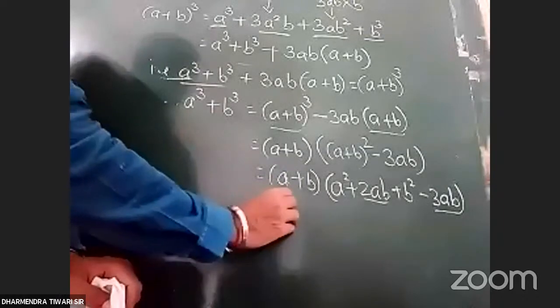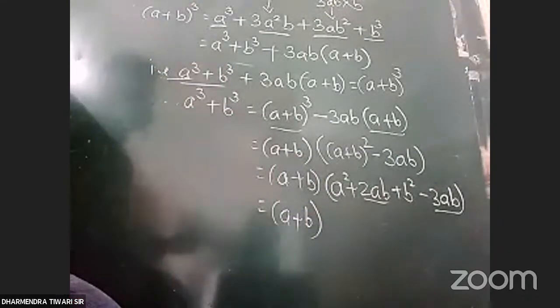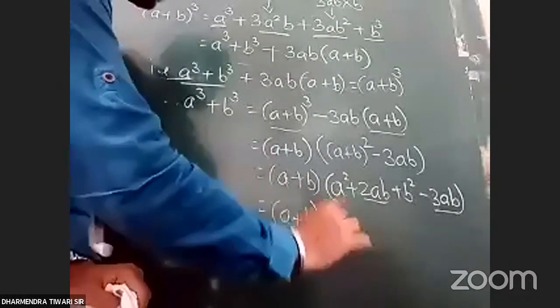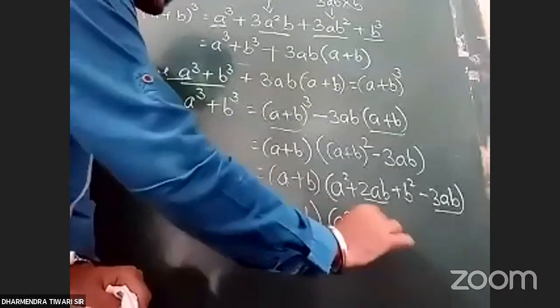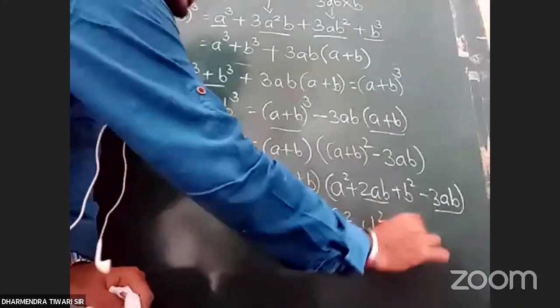So a plus b into, it got reduced to a square plus b square minus ab.